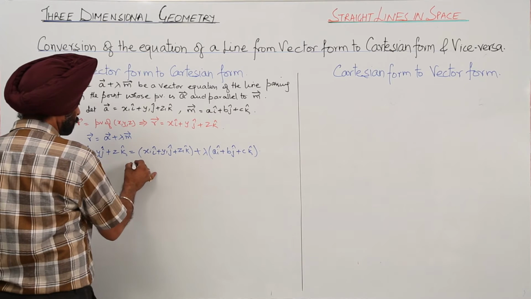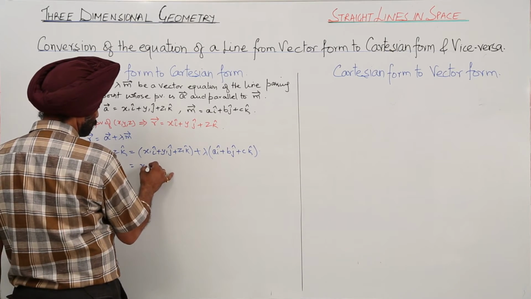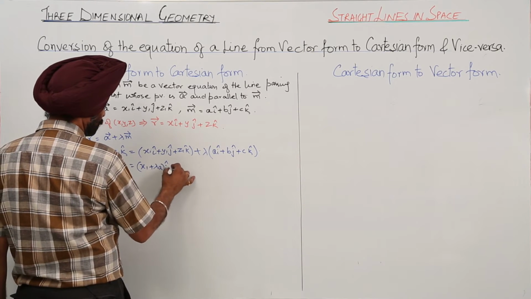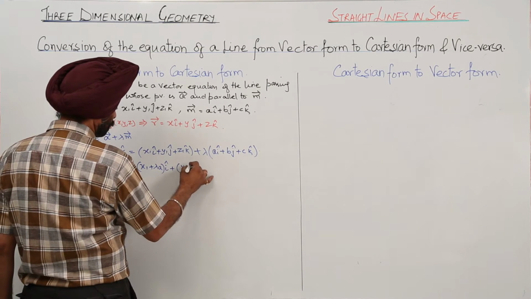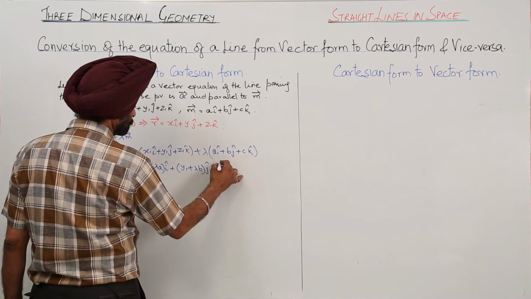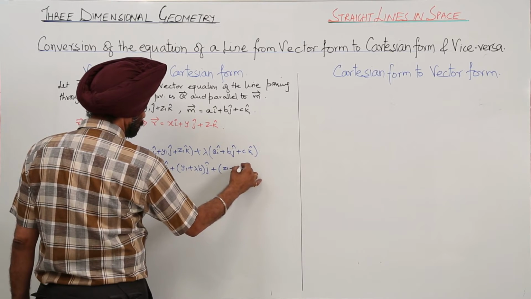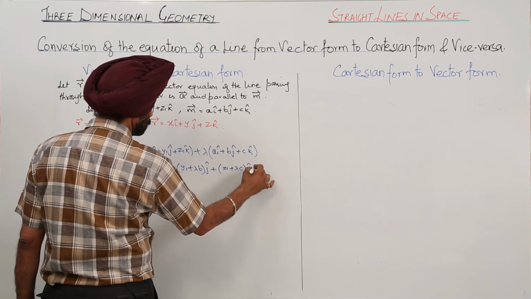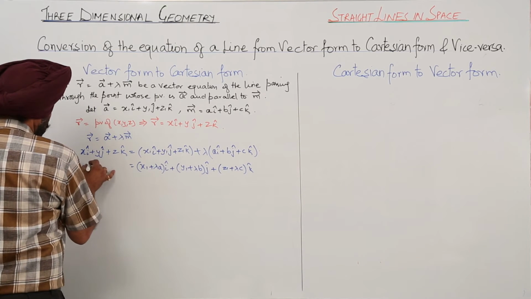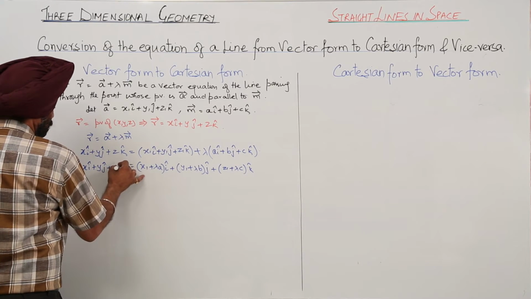Now we can write it as x1 plus lambda a with i cap, plus y1 plus lambda b with j cap, plus z1 plus lambda c with k cap. Is it clear?